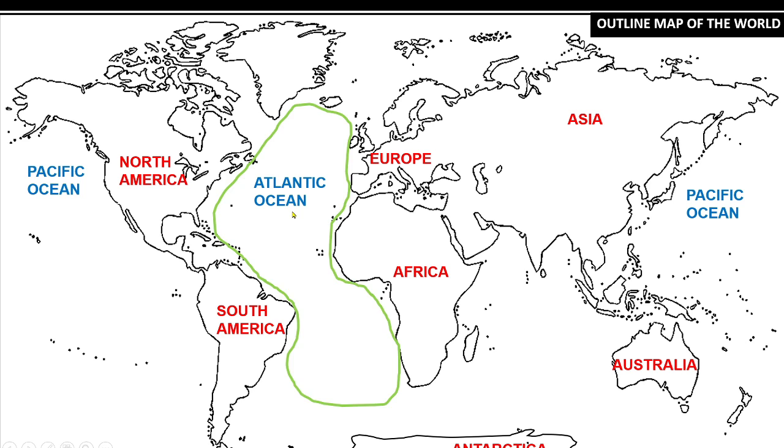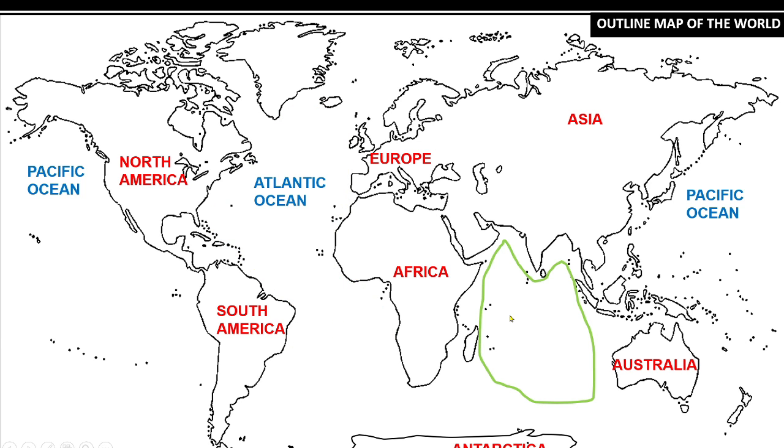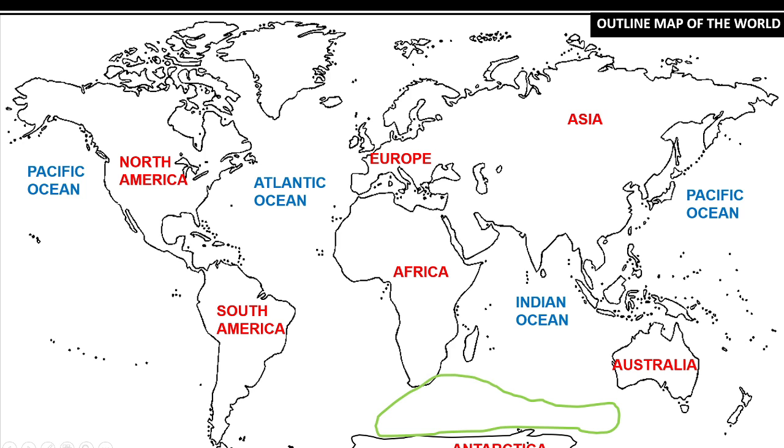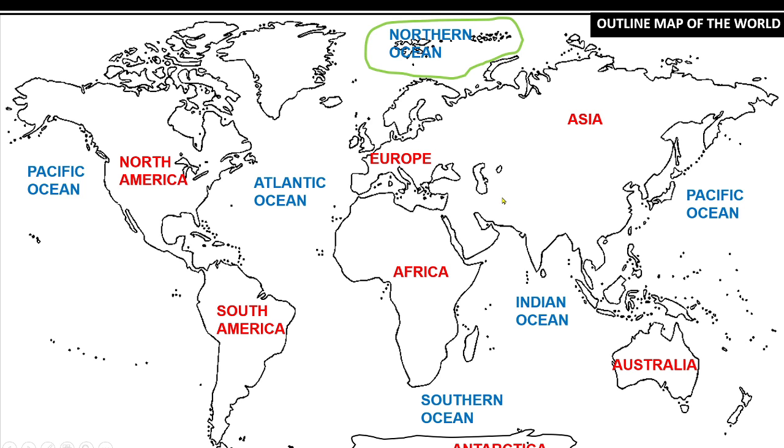Third is Indian Ocean, which is easier to locate because this ocean lies just below India. Fourth one is Southern Ocean or Antarctic Ocean. And the fifth and the smallest ocean is Arctic Ocean or Northern Ocean.